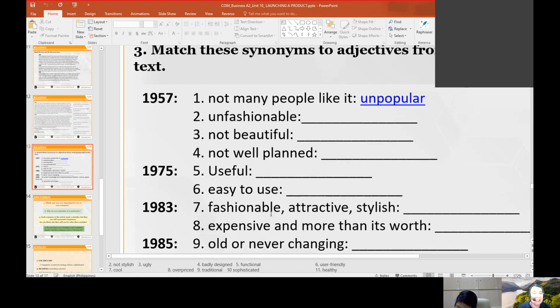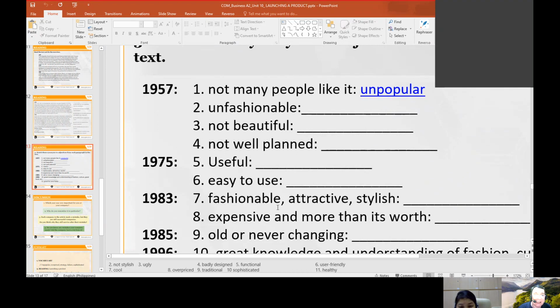In the year 1983, fashionable, attractive, stylish, that means cool. So we have to take note of those. Fashionable, attractive, stylish, that means cool.